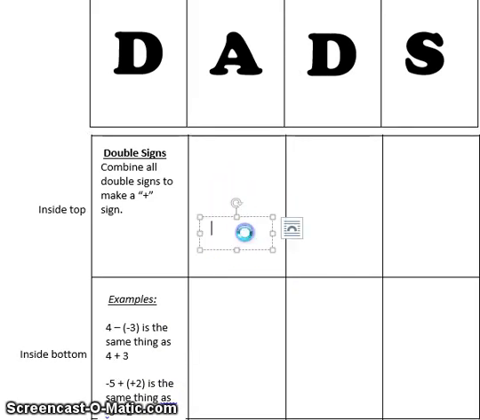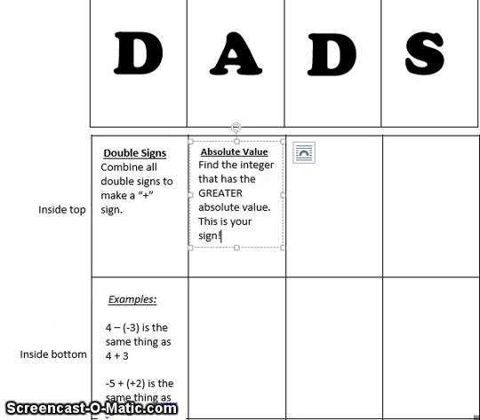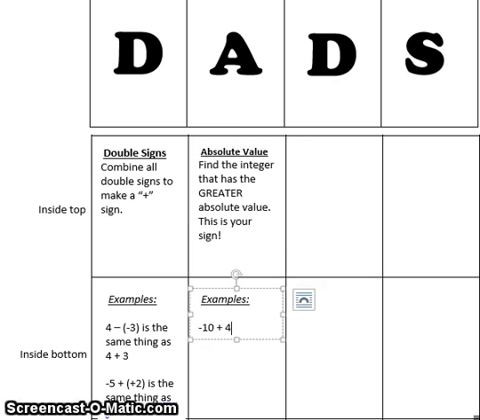Now the A stands for absolute value. When you are combining integers, you want to find the integer that has the greater absolute value. This is the sign for your answer. So let's look at some examples. If you're combining negative 10 and positive 4, the absolute value of negative 10 is 10, the absolute value of positive 4 is 4.